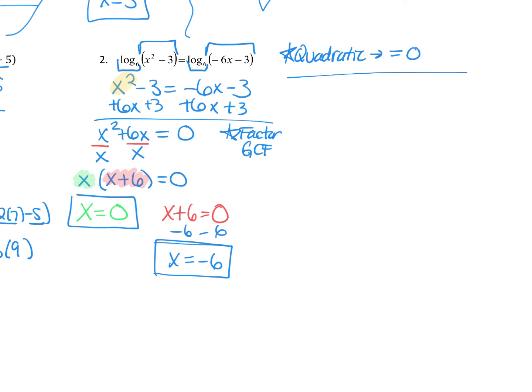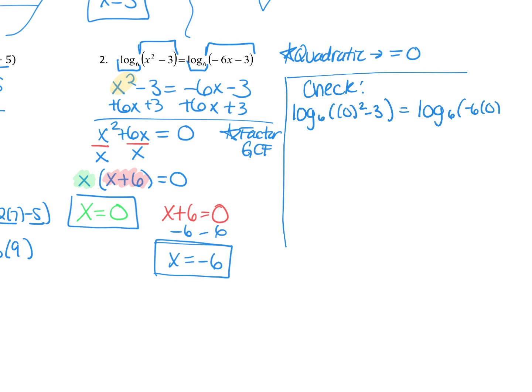Now, I need to make sure I check these solutions. So I'm going to plug in 0 first. So I have log base 6 of 0 squared minus 3, and that should equal log base 6 of negative 6 times 0 minus 3. So I'm going to end up having negative 3 and negative 3.